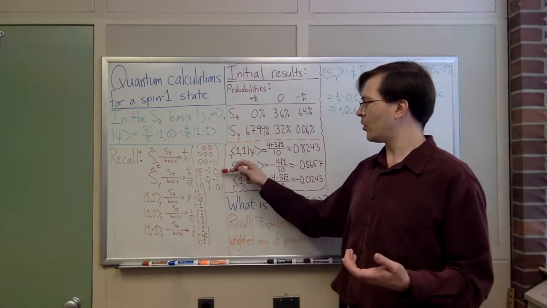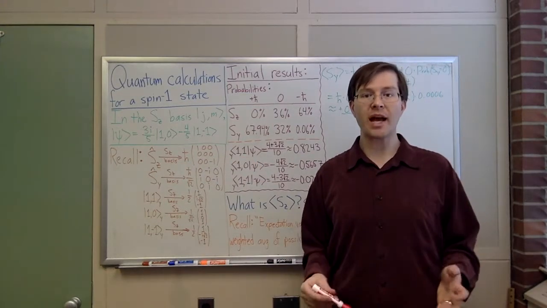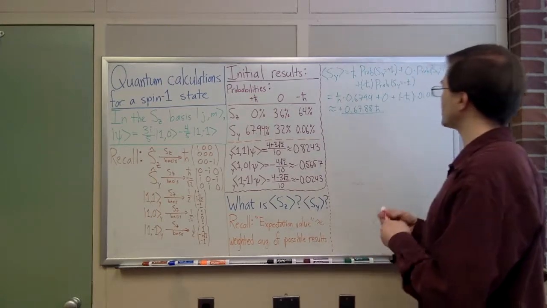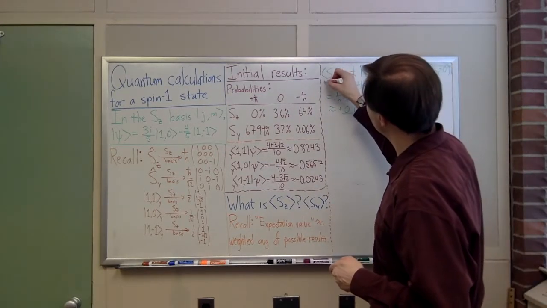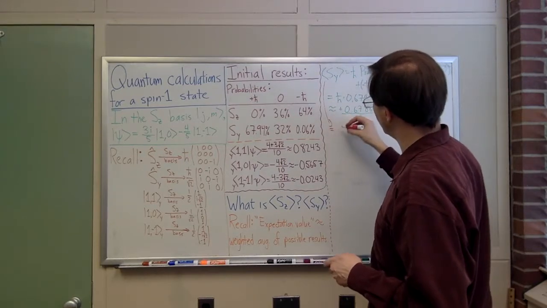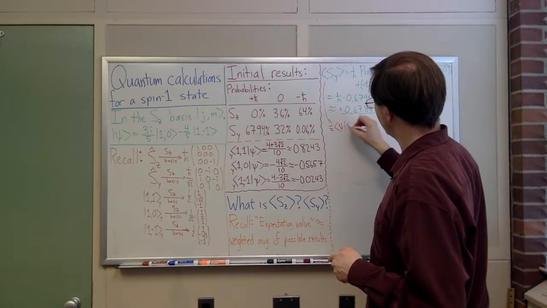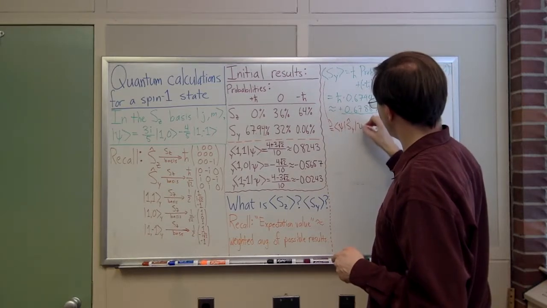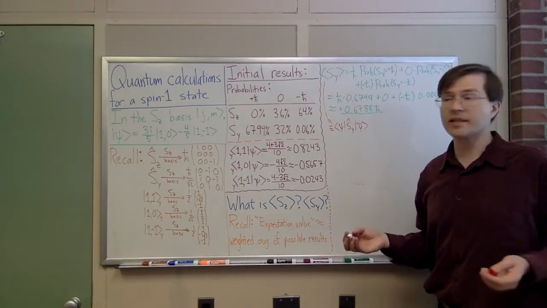Since I already know what the SY operator is in the Z basis, I'm going to jump straight ahead to our third method. My expectation value of SY is also equal to, we know it is psi SY hat psi, and that's another defining way of writing this down.